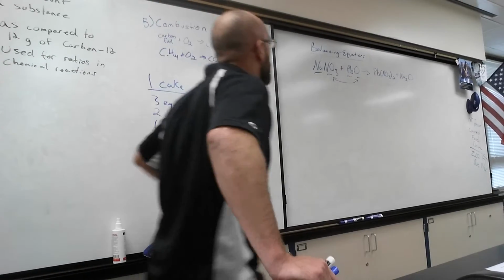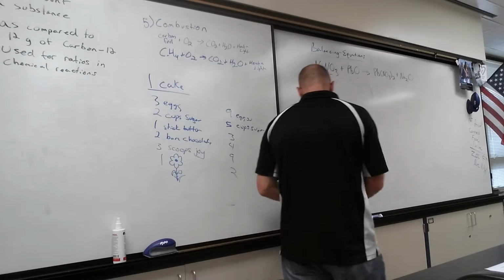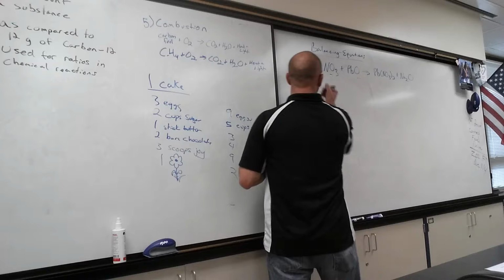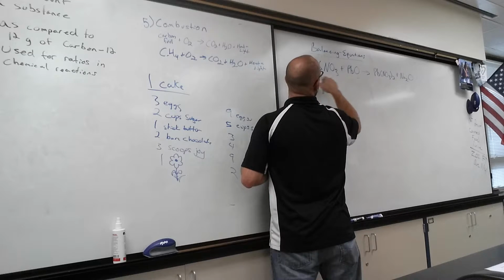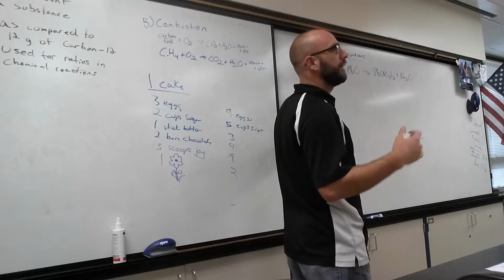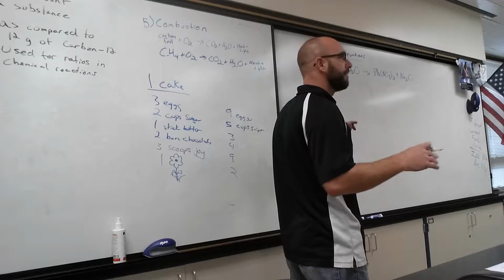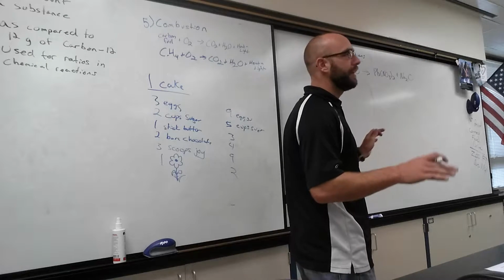All right? Now, let me erase this and get back to the purpose here of balancing equations. What I want to do is list these in the order that they appear on this side. This practice that we're getting ready to do is something I want you to learn how to do, but you're going to get rid of it once you learn how to do it in your head. By the end of the day, you should be able to do it in your head and you don't need to write it down anymore.